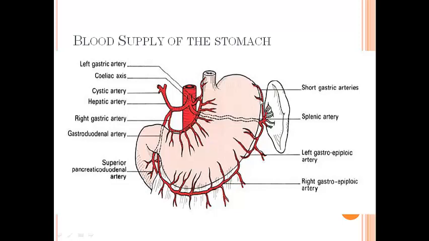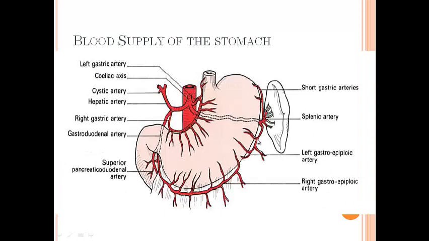At the same time it gives off another artery here which supplies part of the greater curvature, called the left gastroepiploic artery.